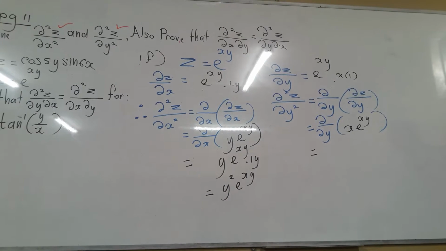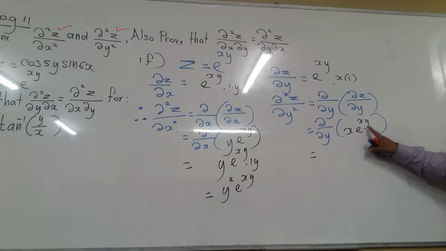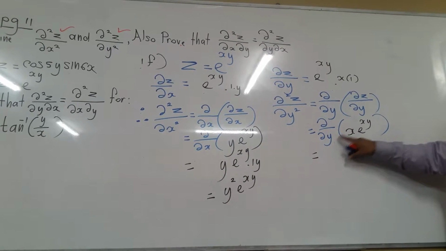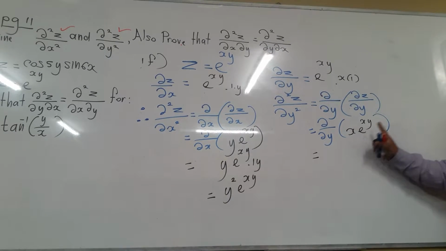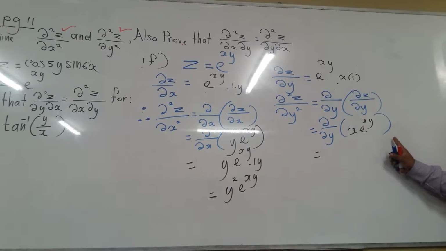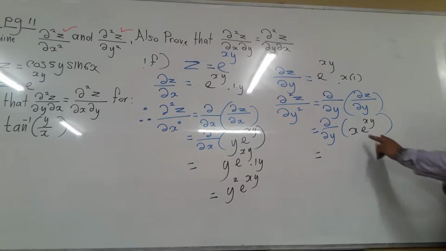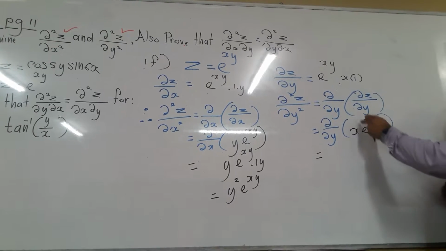Now, we are differentiating x e to the power xy with respect to y. So the x here is treated as a constant, so there is no need for the product rule because x is a constant. So we are differentiating x e to the power xy, that's like k e to the power xy.